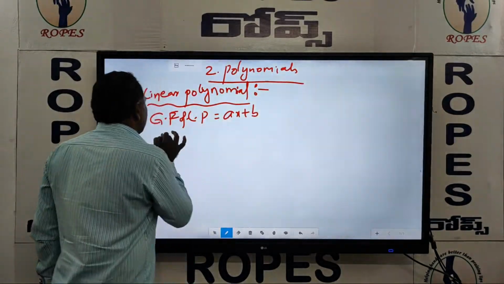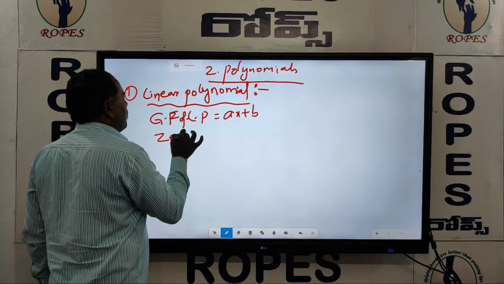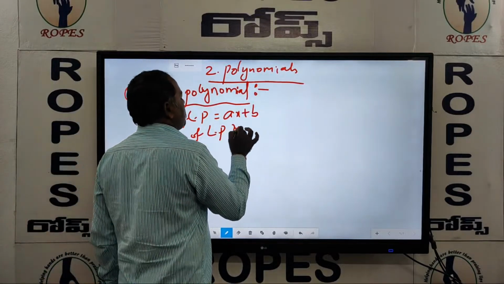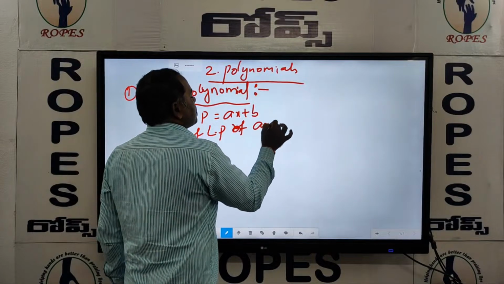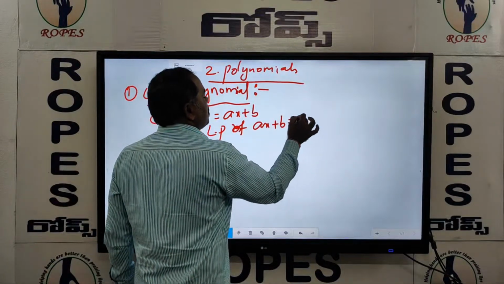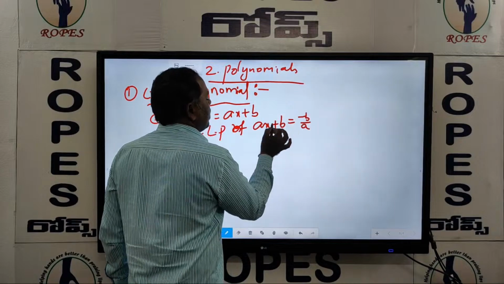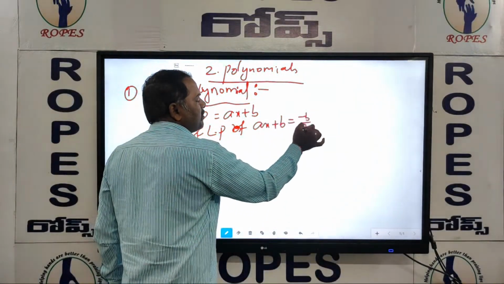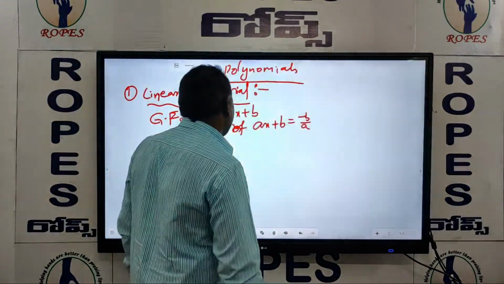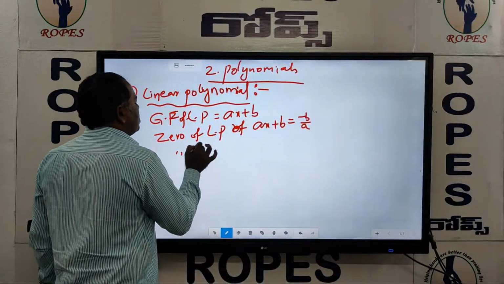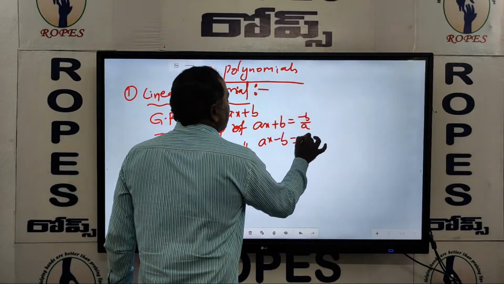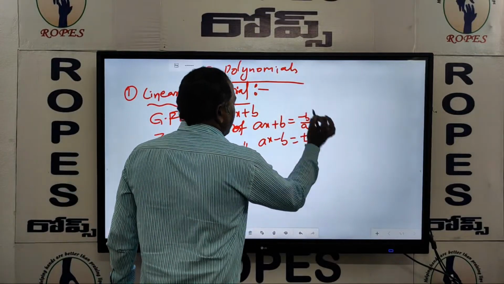The zero of the linear polynomial ax plus b is equal to minus b by a. See, if it is plus b, then the zero of this polynomial is minus b by a. Similarly, the zero of the linear polynomial ax minus b is plus b by a.